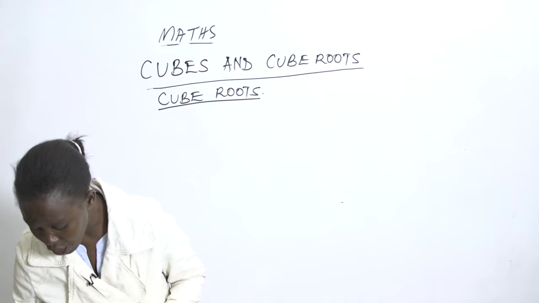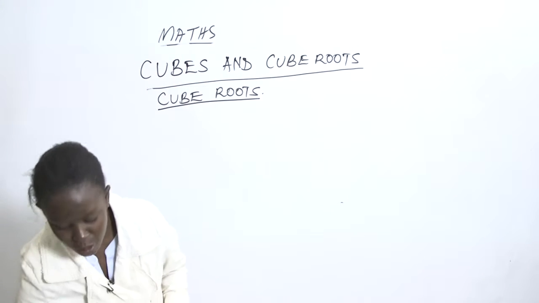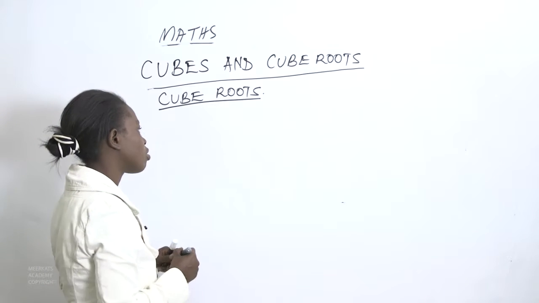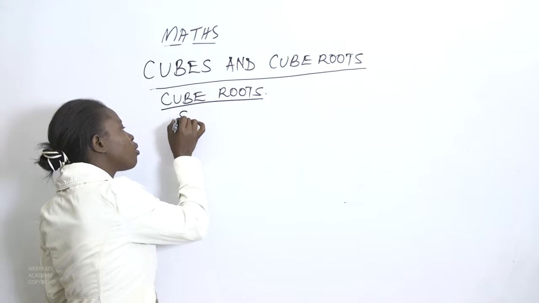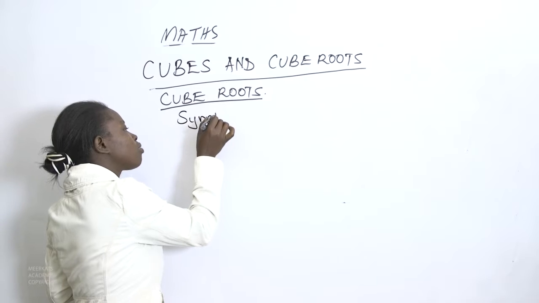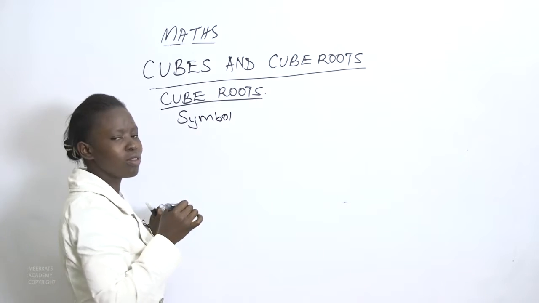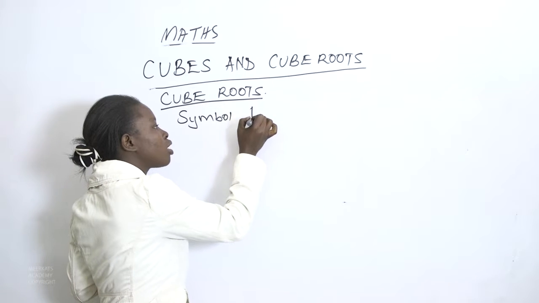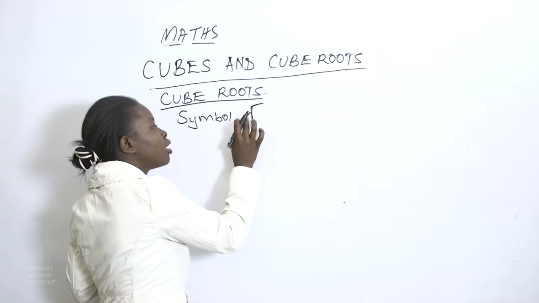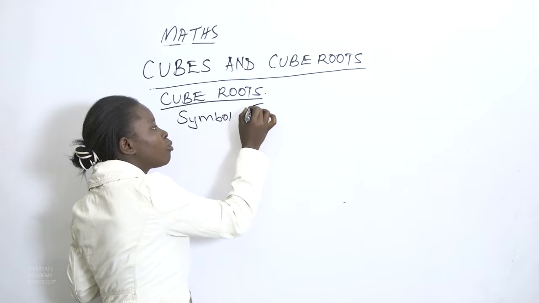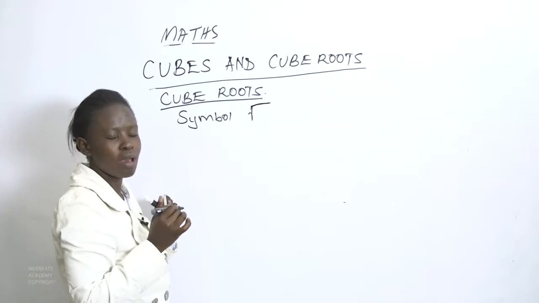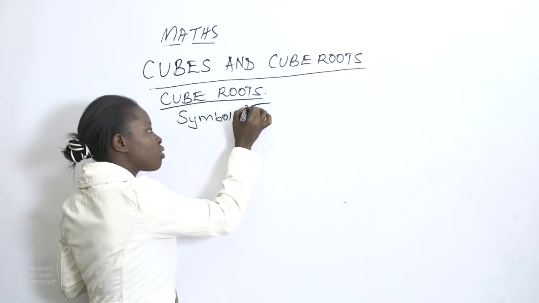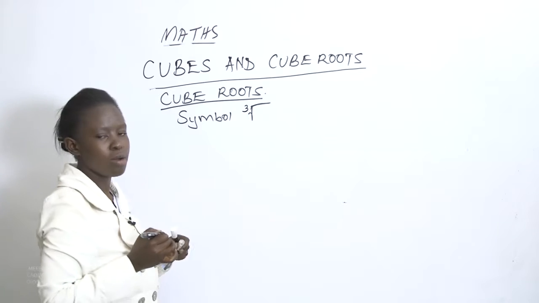So how do we get these cube roots? First, before we look at how we get the cube roots, the symbol for a cube root: when you see this symbol, it means that the question is asking you to get the cube root. The symbol for cube root is almost the same as that for the square root, but the difference is this one has a 3 on it.